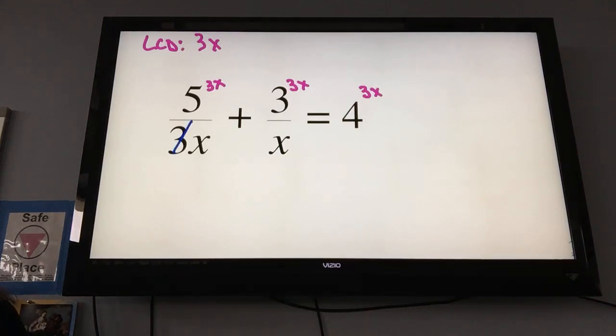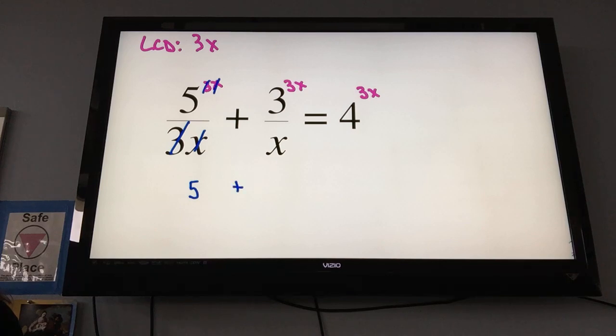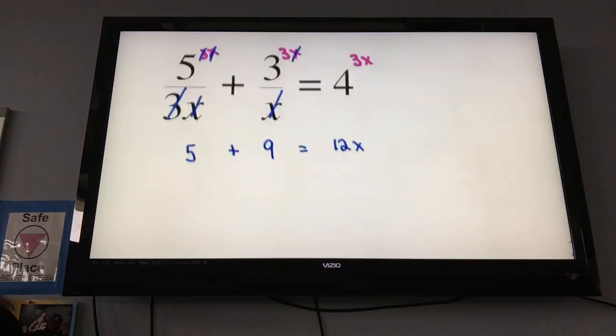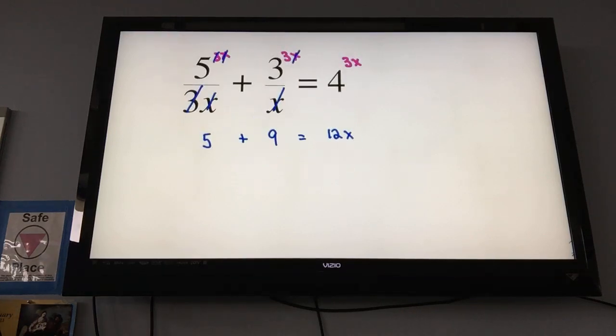Okay, so my first term, 3's cancel, x's cancel, and I have left just my 5, plus, on the second one, x's cancel, and I have left 9, equals 12x. So nothing canceled on that last term because there was no denominator. And then we solve. 5 plus 9, 14, equals 12x.